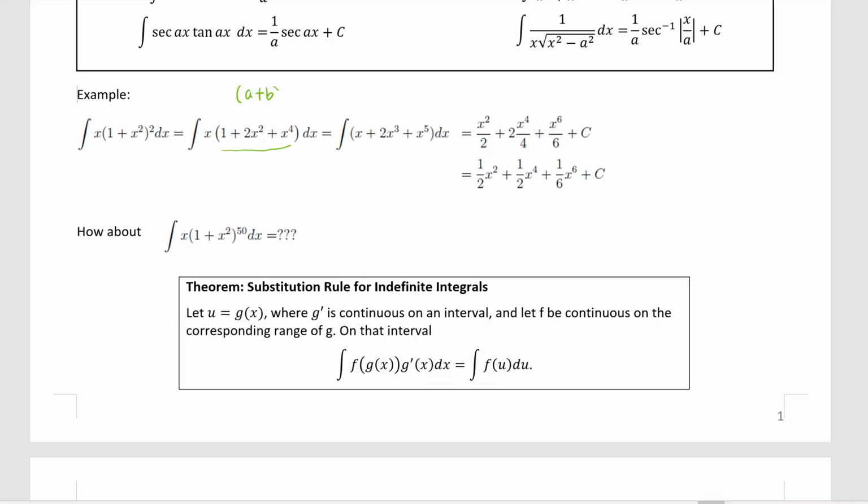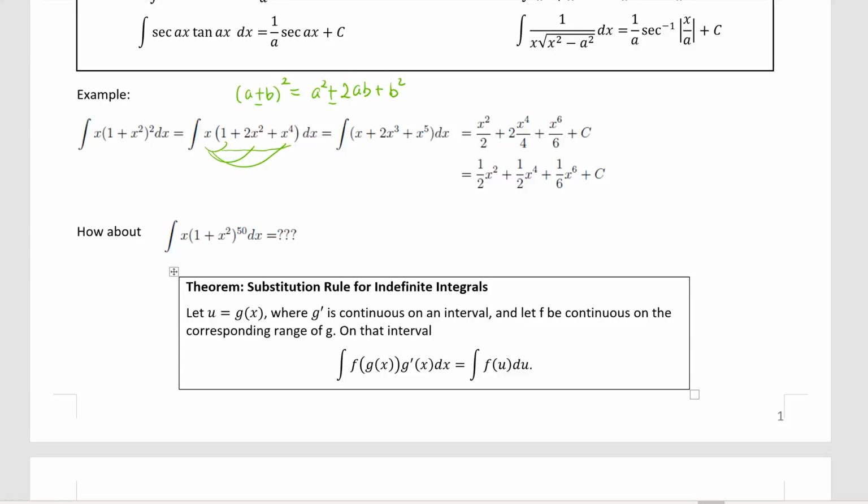Here we're using the formula (a plus b) squared is a squared plus 2ab plus b squared, and (a minus b) squared is a squared minus 2ab plus b squared. And then we distribute it, so we have x plus 2x cubed plus x to the 5th.